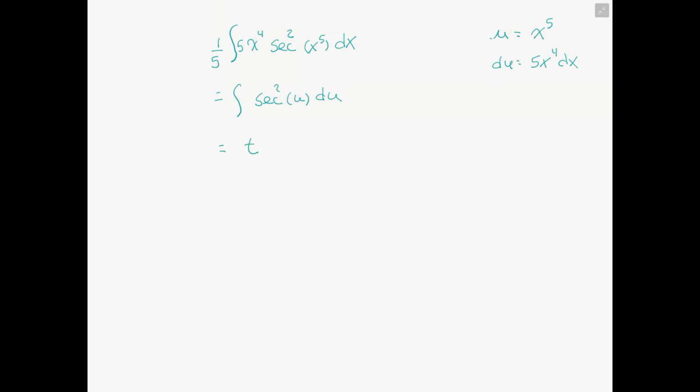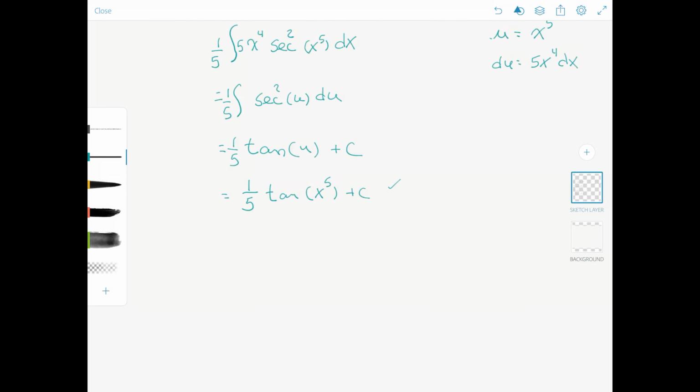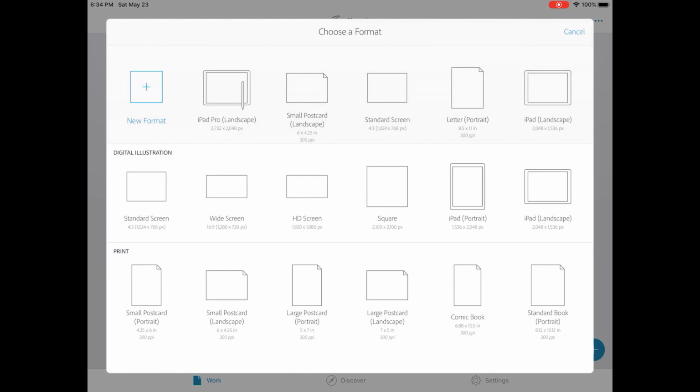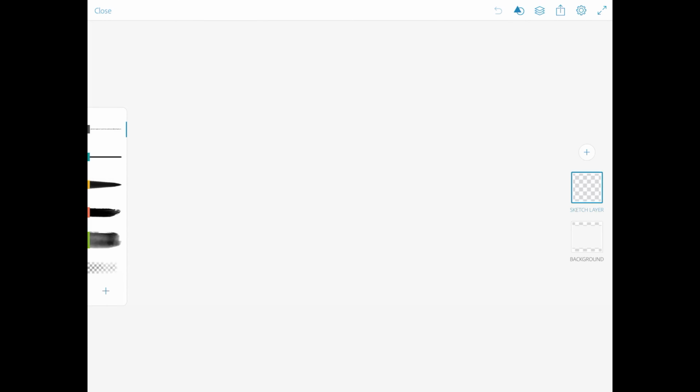And we have 1/5 secant squared u du. And that, as we'd seen before, is 1/5 tangent u plus c, and that's equal to 1/5 tangent x to the 5th plus c. And that's our answer.